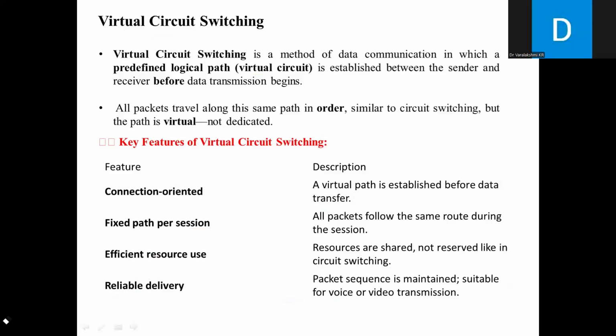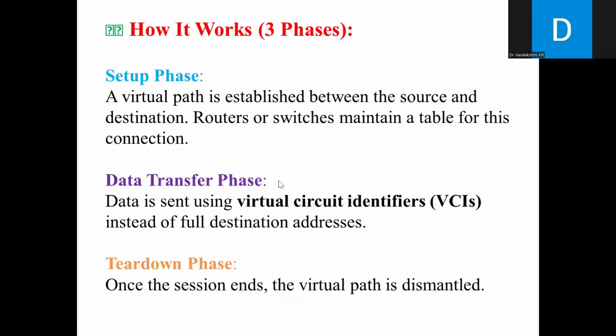Let's go with an example of how it works. The virtual circuit works in three phases. The first phase is the setup phase. Here the path is established between the source and destination, where the routers and switches maintain a table for this connection. The second phase is the data transfer phase. Once the connection is set up, the data is forwarded based on the VCI table.